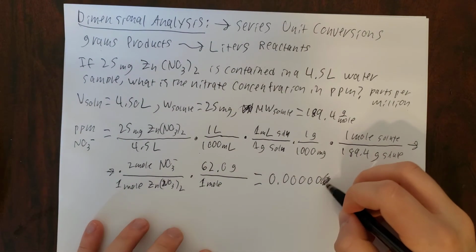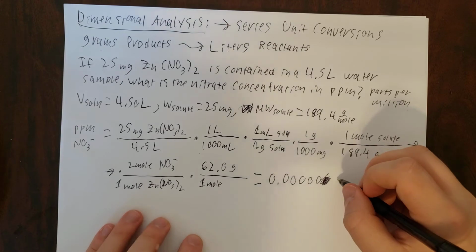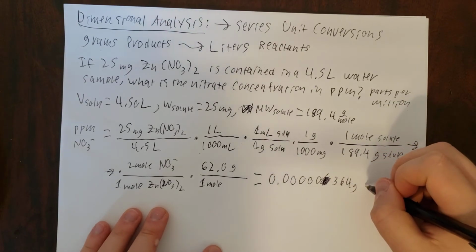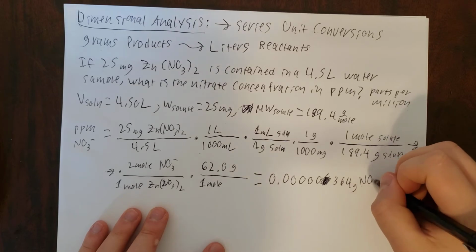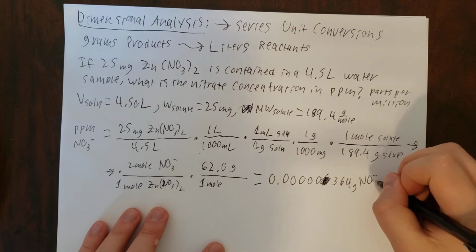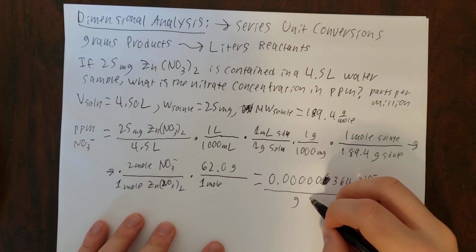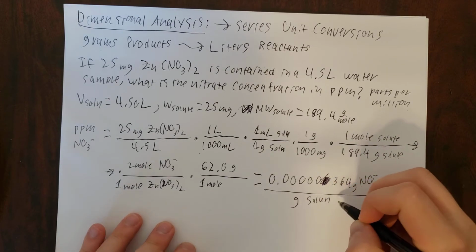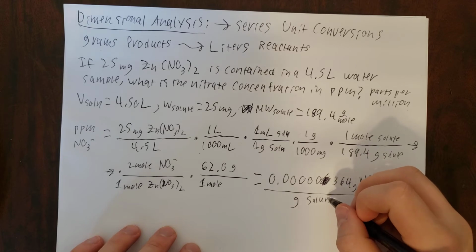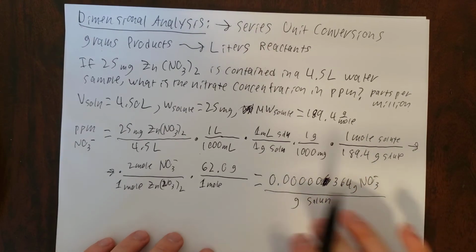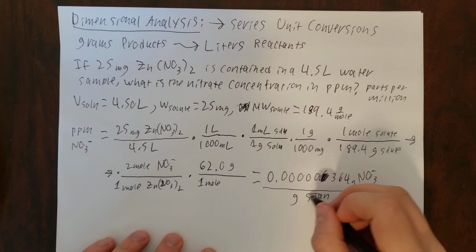Oops, it's 1 too many zeros. 364 grams of nitrate per gram of solution. My shorthand's kind of weird sometimes. I apologize for that. Here, let me write that out fully.